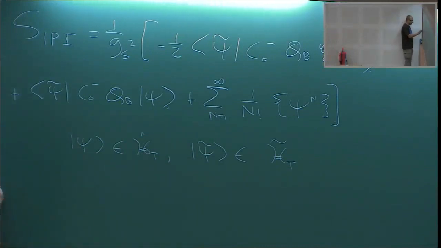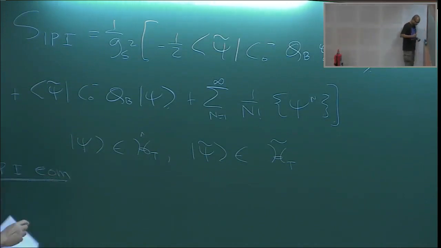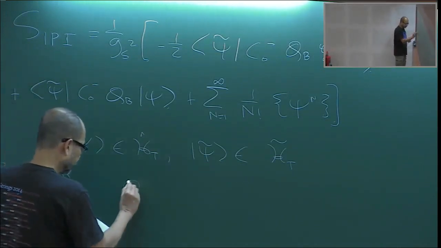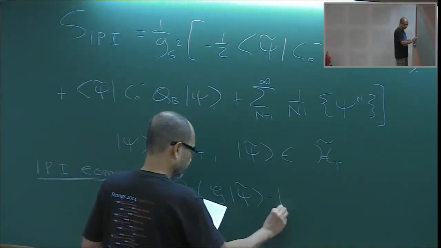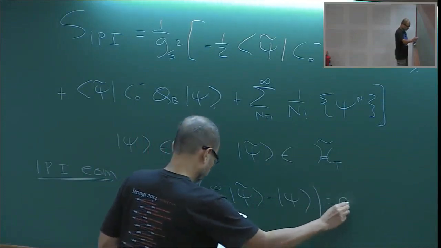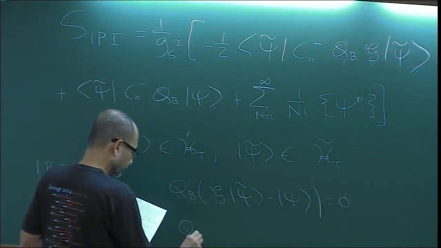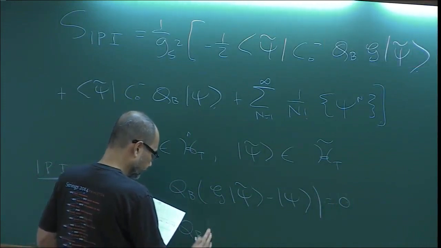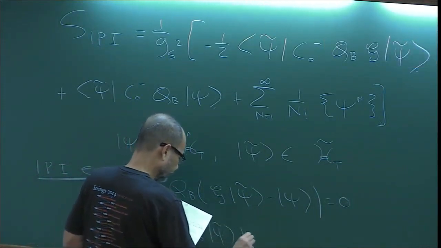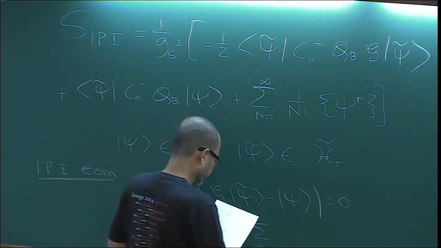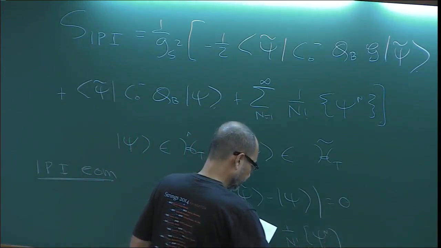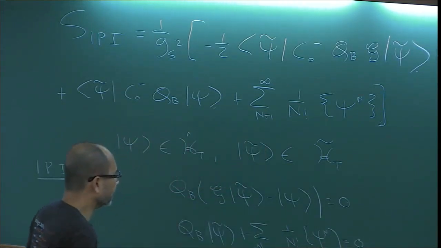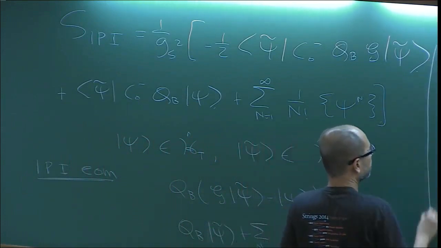So from this one can write down the equation of motion, the 1PI equation of motion, and those take the following form. Okay, where we had also defined this bracket.